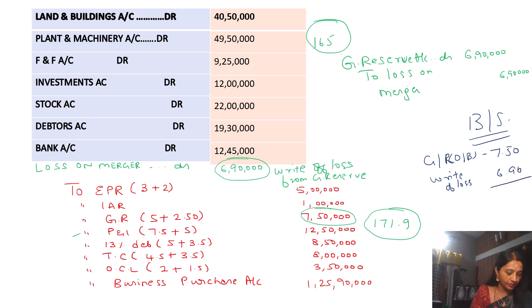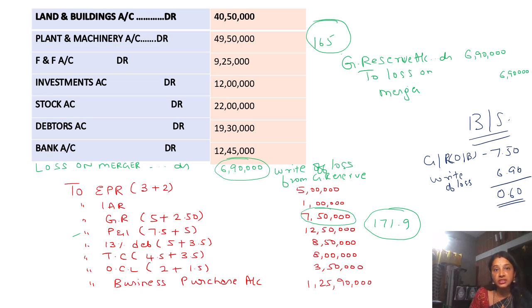So 7.5 minus 6.9: you have 60,000 remaining in your general reserve. And in your profit and loss account, you have 12.5. All those things are the same and don't change.